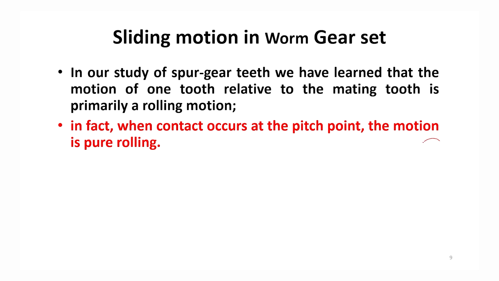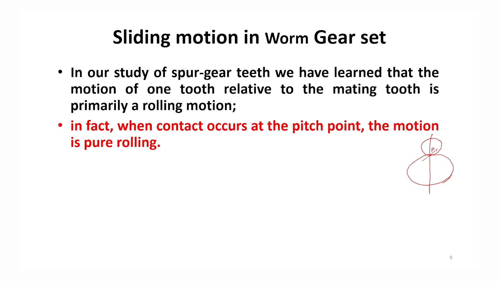That means, in the case of pinion and gear, when the contact was at the pitch point, the motion was pure rolling, and as contact moved away from the pitch point, the motion was a combination of rolling and sliding.